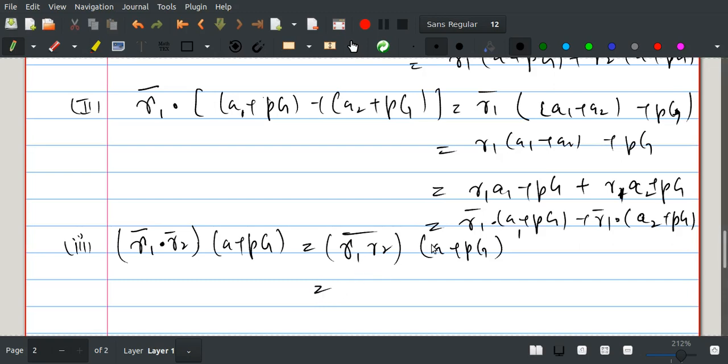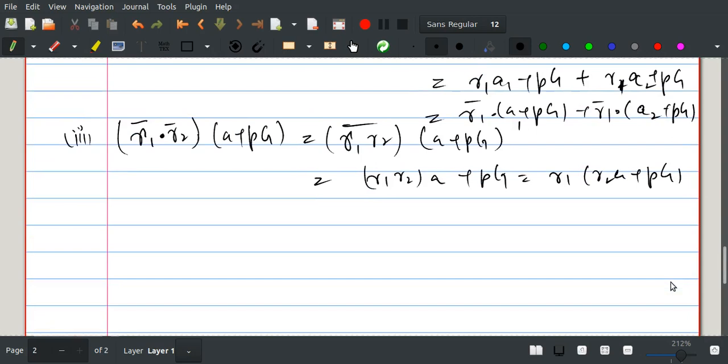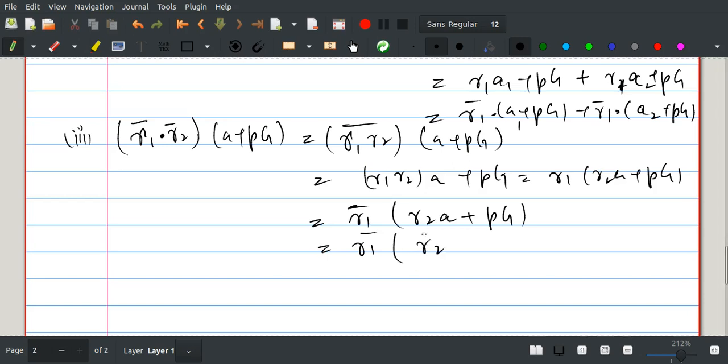This is R1 R2 of A plus PG, which is equal to R1 bar of R2 (A plus PG). This is R1 bar R2 bar of A plus PG.